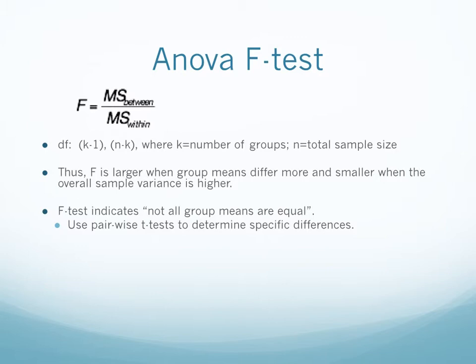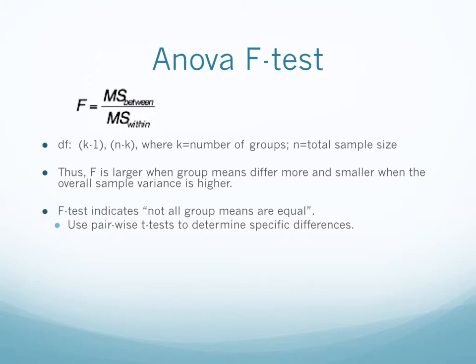An f-test, this is important, addresses the null hypothesis that all group means are equal. So a positive or significant f-test indicates that not all group means are equal. It does not tell you that the highest of the group means is in fact higher than any of the other group means.